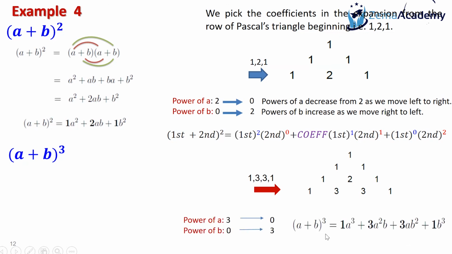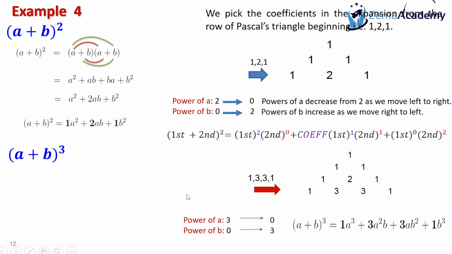This is what it is. Here you can see the powers of a are 3, 2, 1 and 0, whereas the power of b goes from 0 to 3.